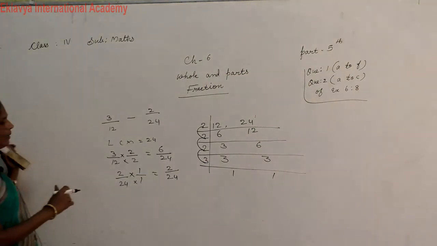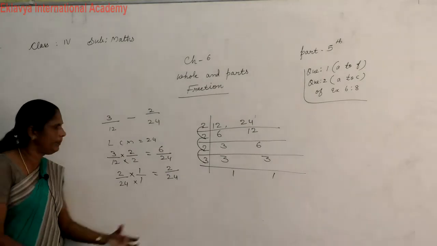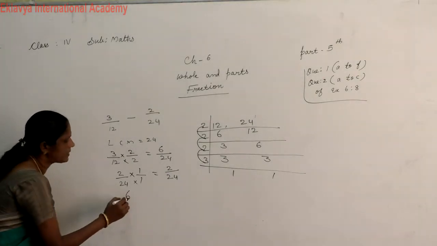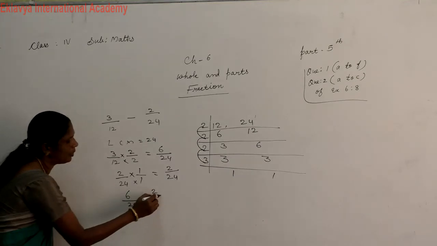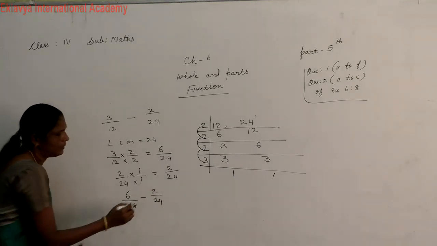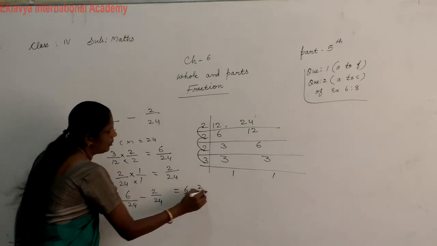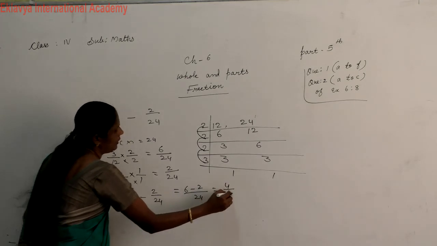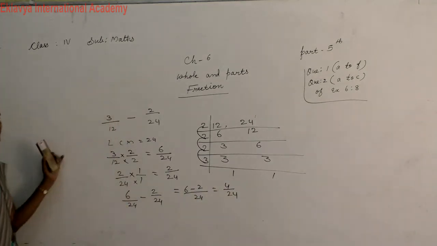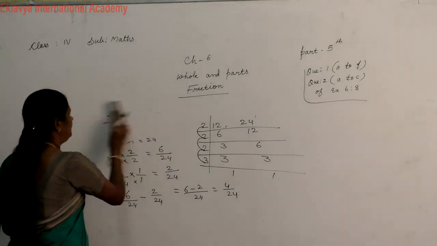Now the denominators are the same, so 6 upon 24 minus 2 upon 24 is equal to 6 minus 2 upon 24, which is 4 upon 24. Understand? Then one more question.